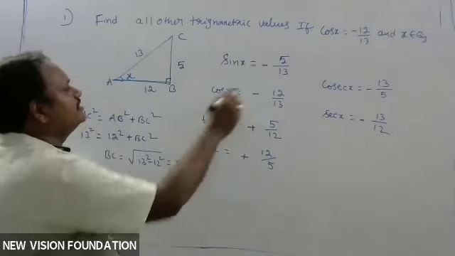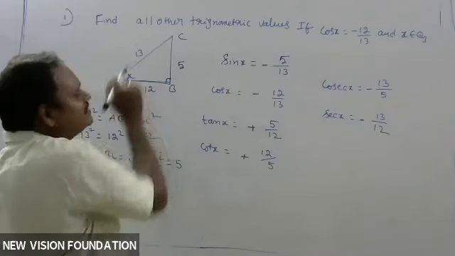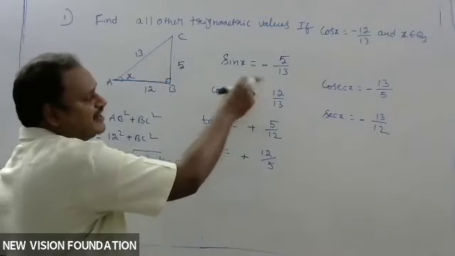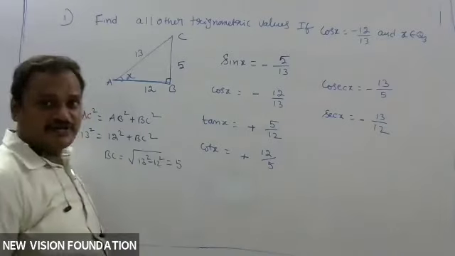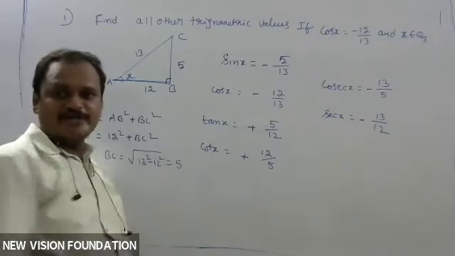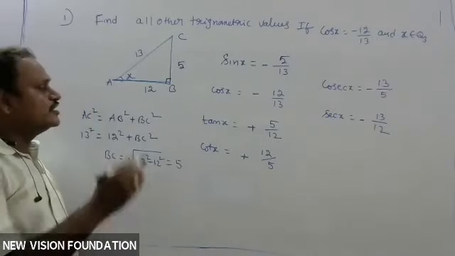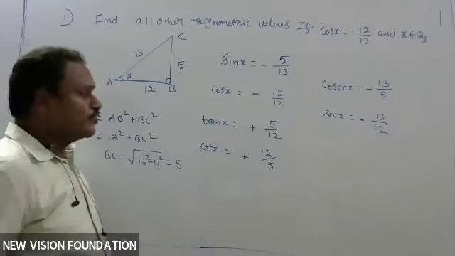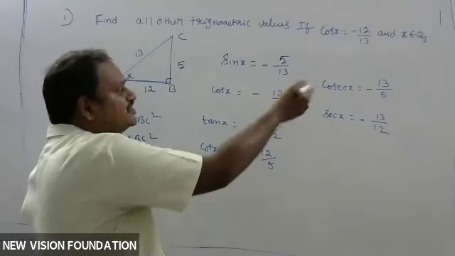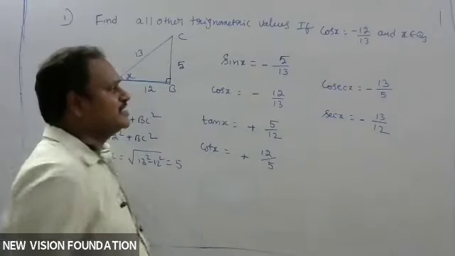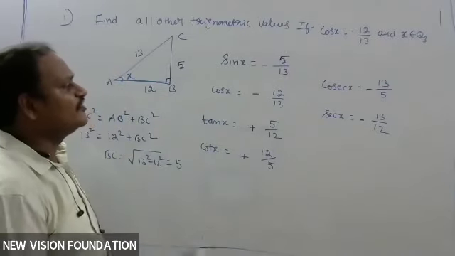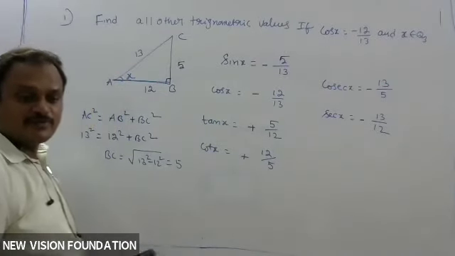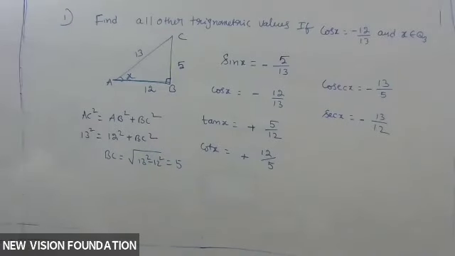Cos x is 12 by 13, adjacent side by hypotenuse, with a negative sign in the third quadrant. Tan x becomes 5 by 12 because in the third quadrant it is positive, and cot x is also positive. Cosecant x is the reciprocal of sin x and secant x is the reciprocal of cos x. In this way, this problem can be answered in a very easy and beautiful way.